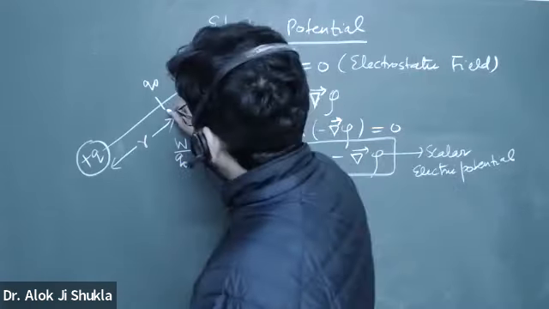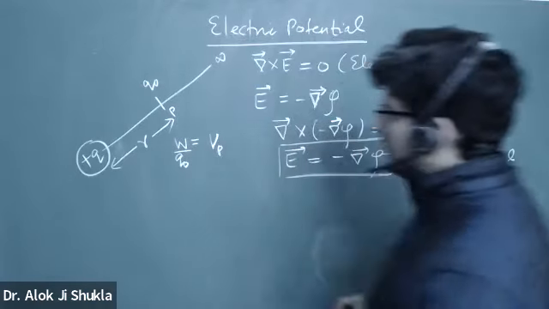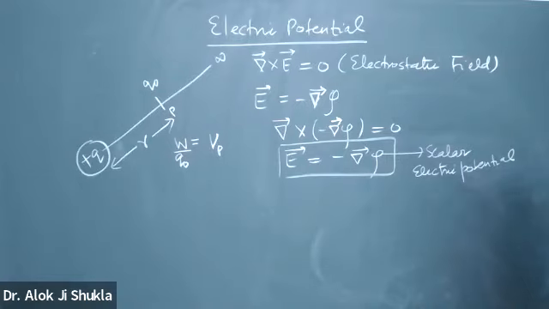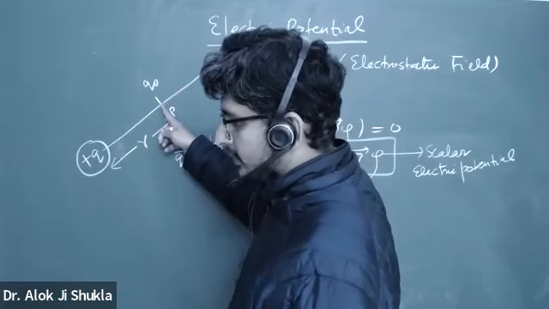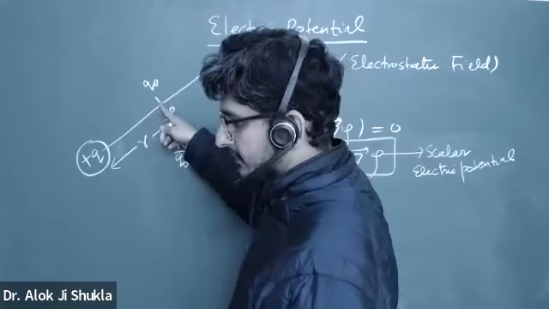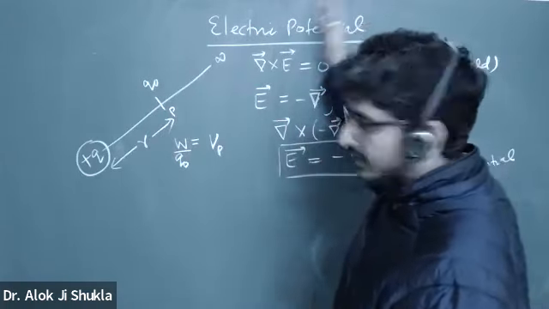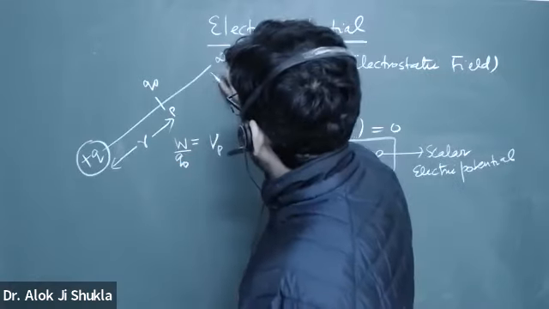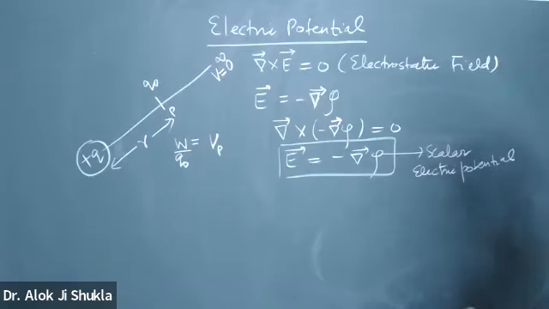So if I write this point as, say, P, so that is electric potential at point P. Actually you can define it the other way also, from infinity to this point, or from this point to this point. But we define it from infinity because the reference potential at infinity can be taken 0 for this case.